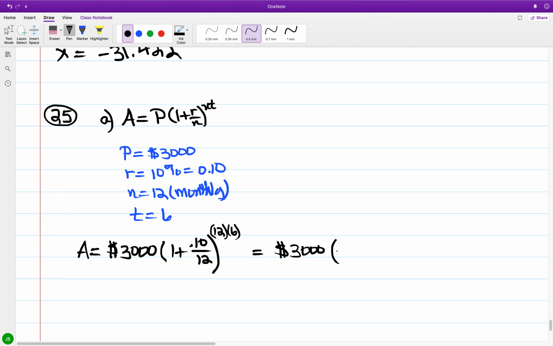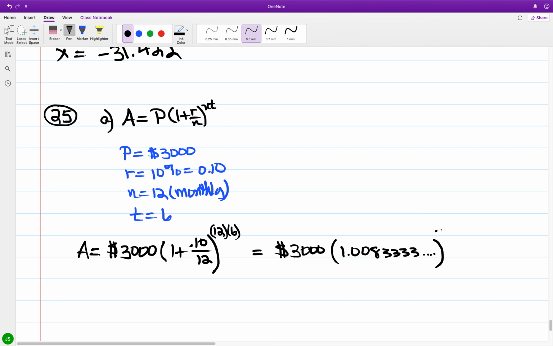and for 0.10 over 12 added to 1, we have a continuously running decimal, 1.008333.